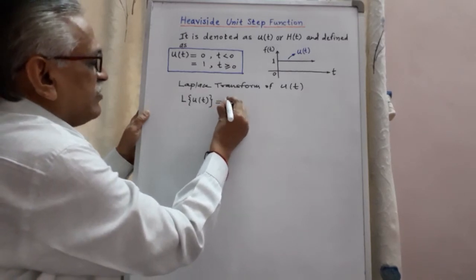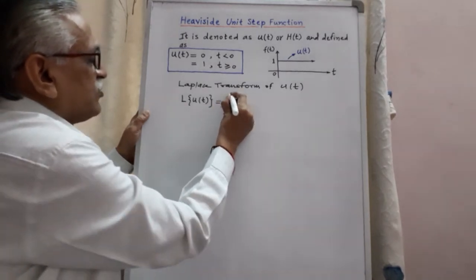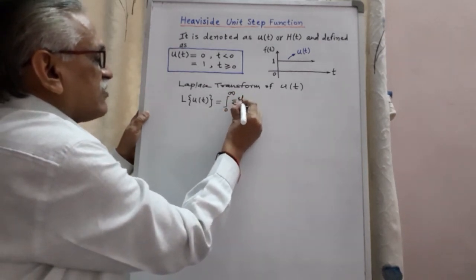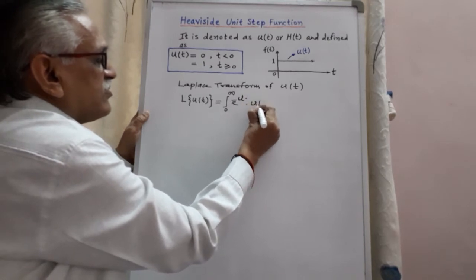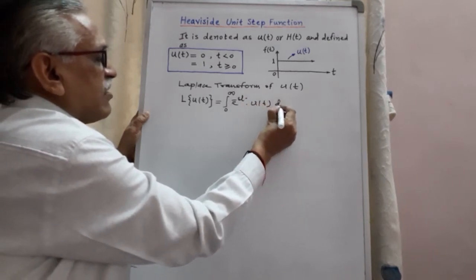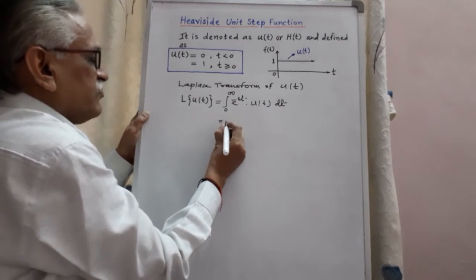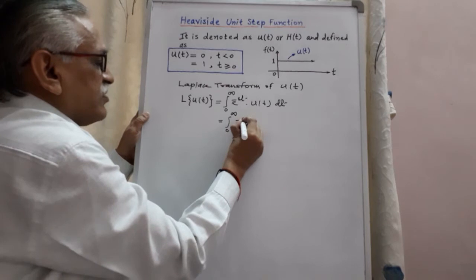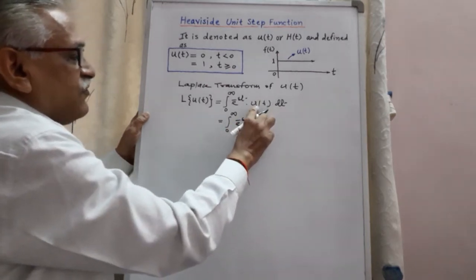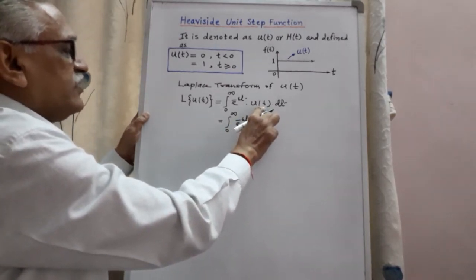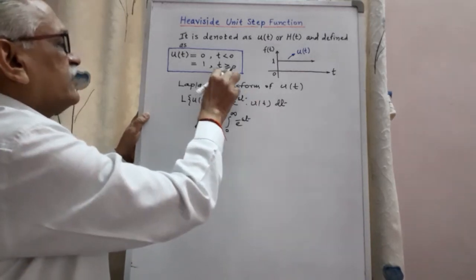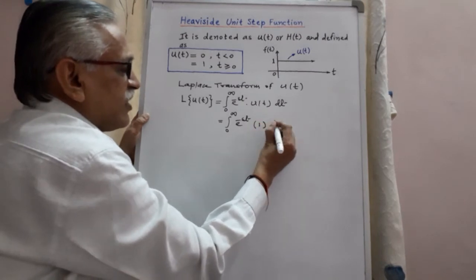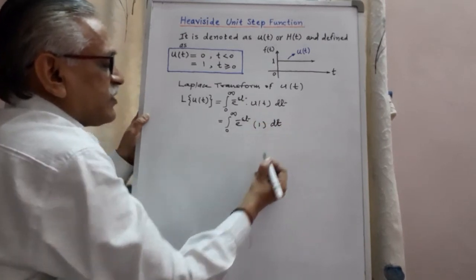As per definition, it is the integral from 0 to infinity of e raised to minus st into that function U of t. The value of U of t between the range 0 to infinity is 1, and therefore we substitute that value as 1, and integrate with respect to t.